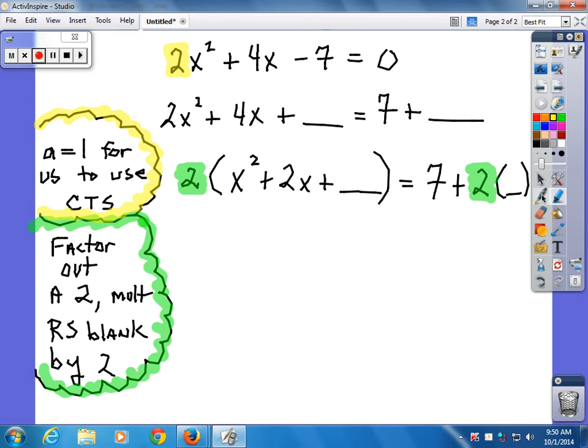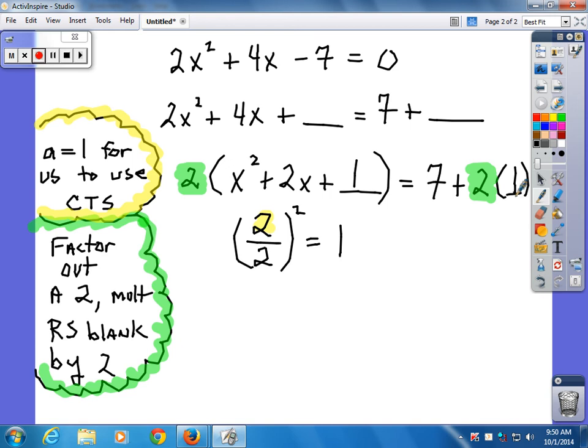So what's 2 divided by 1? I meant 2 divided by 2. 1, and 1 squared is 1. Put a 1 there and a 1 there.